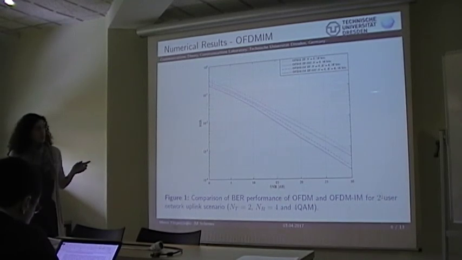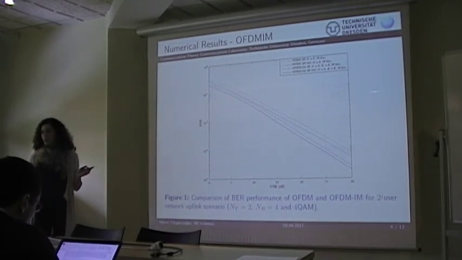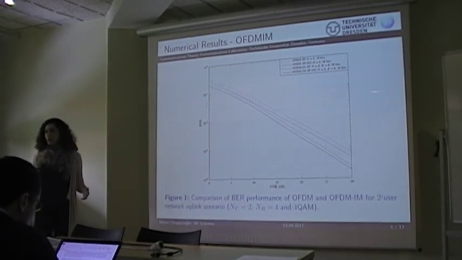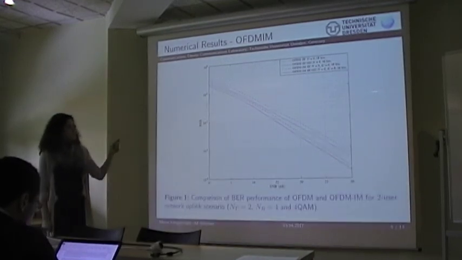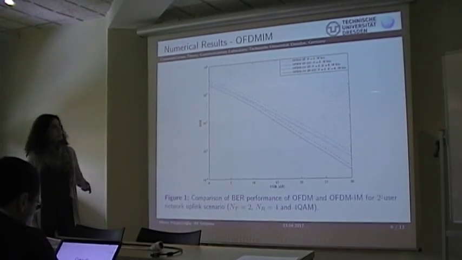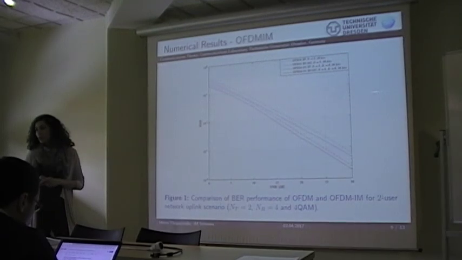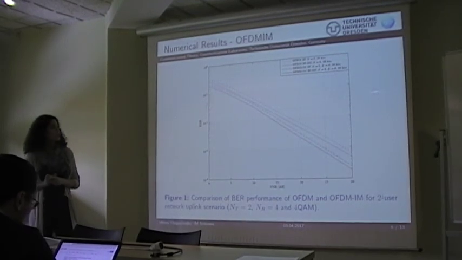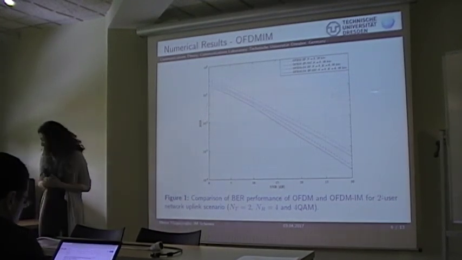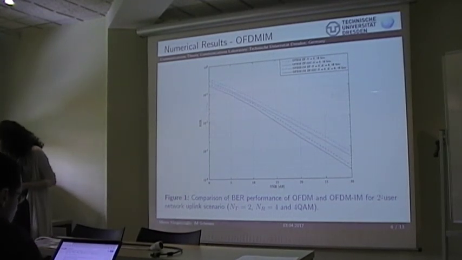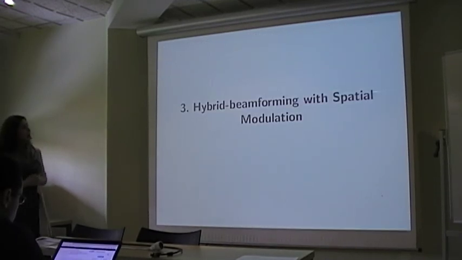We see that when we use the index modulation scheme, we can have a better error performance while consuming the same power and transmitting the same number of bits. And the difference between the dashed line and the straight line is the usage of successive interference cancellation. We can further improve the performance by employing that. So I conclude with OFDM index modulation.